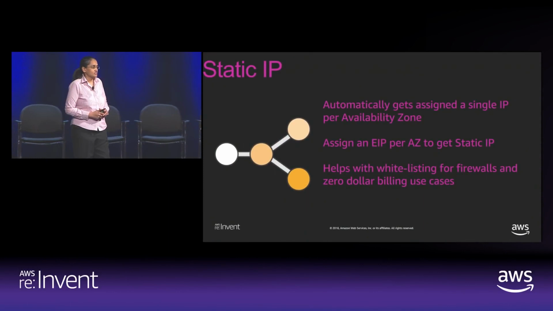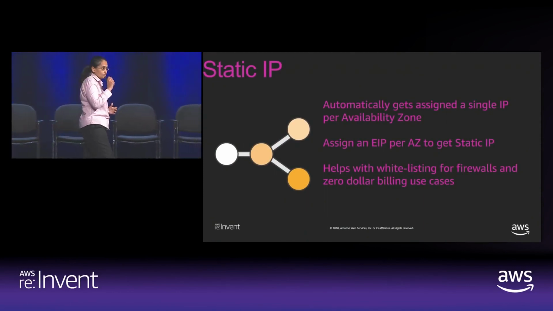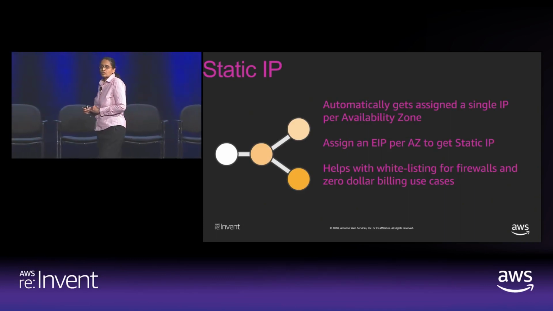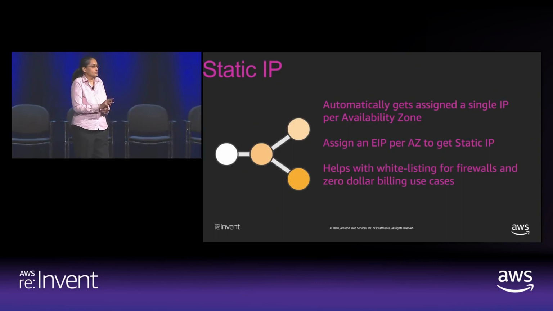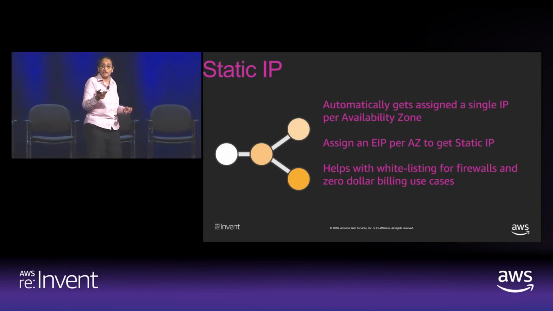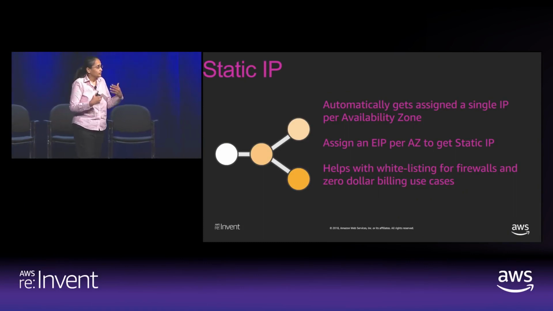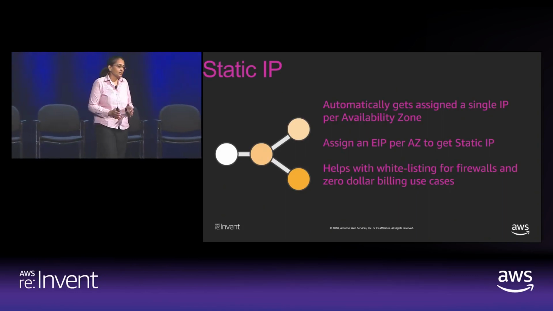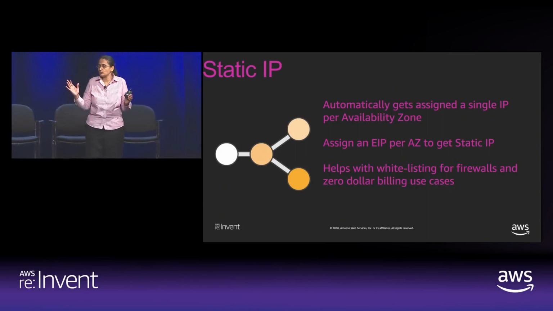So let me start with the static IP feature. With network load balancer, you get a single IP per availability zone. In addition to that single IP, if you don't want this IP to change for the life of the load balancer, you can assign an EIP from your VPC, and we will take that and assign it to the network load balancer. And if for whatever reason you delete the load balancer, we return the EIP back to you. The single static IP enables a lot of use cases.